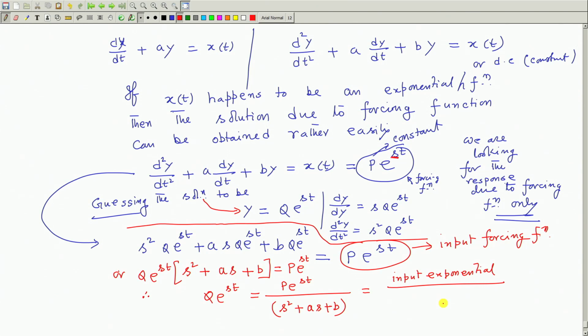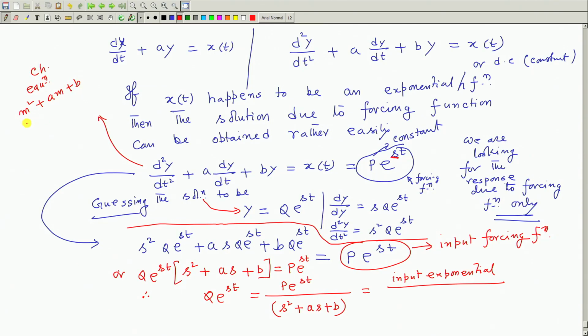What is the characteristic equation of this differential equation? The characteristic equation is m square plus a m plus b.